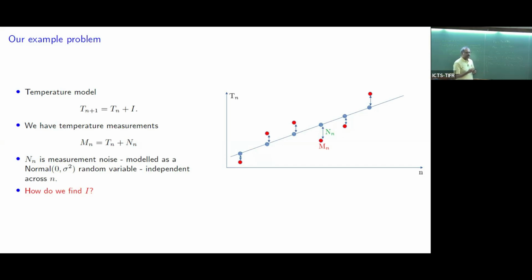If you sum up, say, k of these differences, what will you get on this side? You get k times I plus these terms. But these things will get cancelled out when you sum up, right? So you might get something like this. And then you can think about maybe dividing by k.